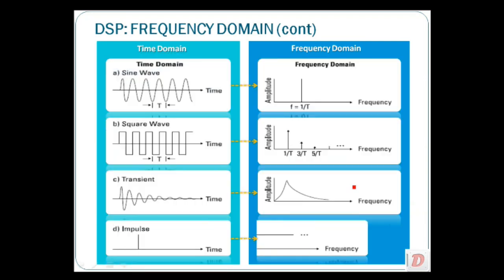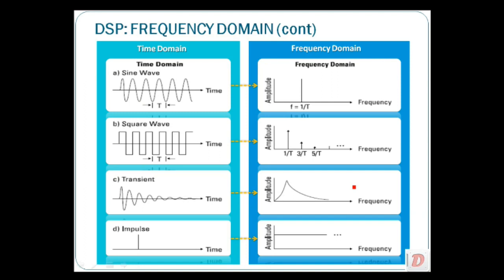So these are some of the signals, and how they look when you transform them to frequencies. If you have a continuous sine wave and transform it to frequencies, it will give you one sharp peak, as we have seen just now. One sine wave, one sharp peak.